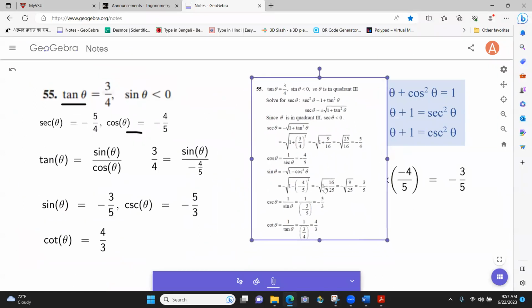All right, so what did we get? We got secant as -5 over 4, cosine as -4 over 5, cosecant -5 over 3, sine -3 over 5, and cotangent. We are good. So I'm going to get rid of this.